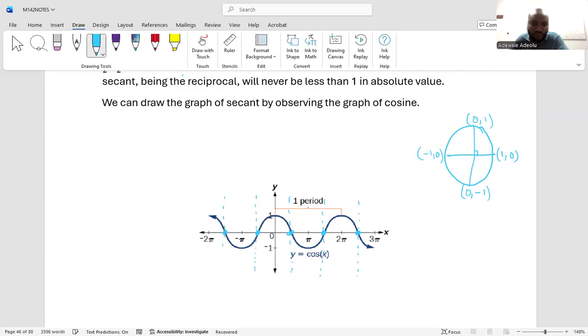So I'm going to have something like this. Now, another property is that the secant is not going to go below 1. I proved that to us a few seconds ago. So let us see how we can use that idea to draw the graph of secant. We just have something like this. It's an asymptote, so the graph of secant behaves this way there.